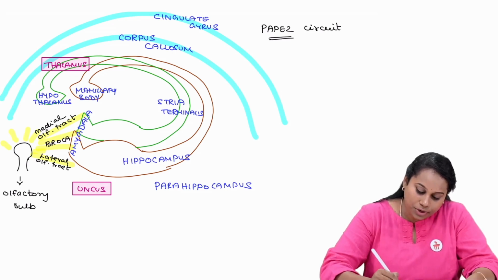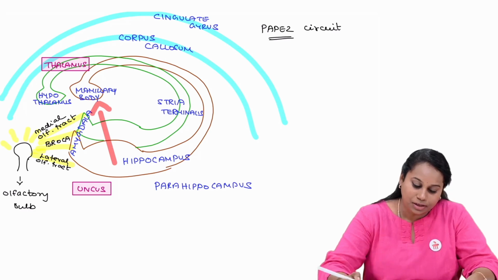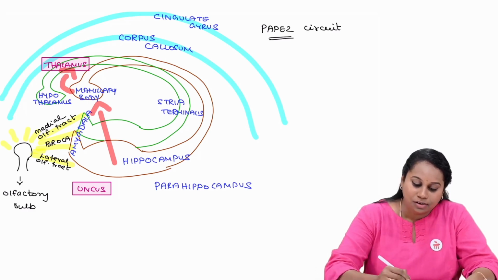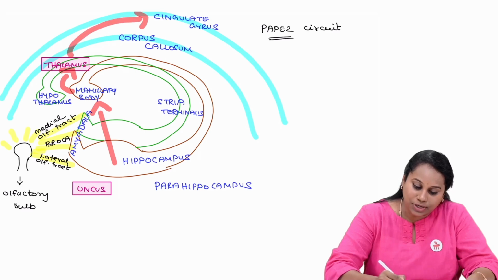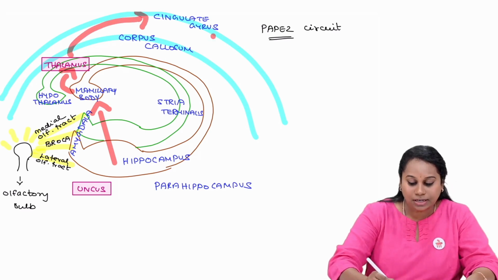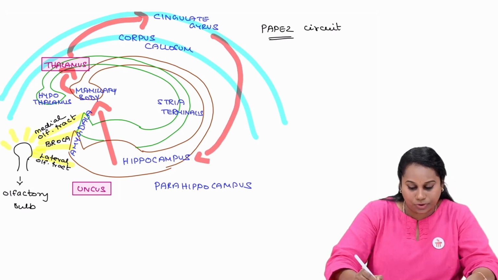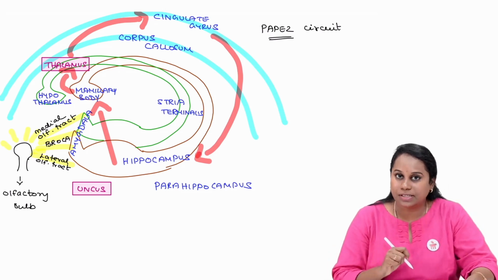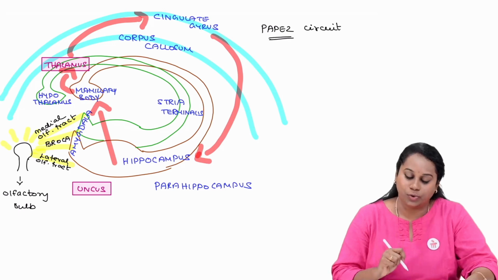From hippocampus to mammillary body, from mammillary body to thalamus, from thalamus to cingulate gyrus, and cingulate gyrus back to hippocampus. So this internal connection within the limbic system is called the Papez circuit.